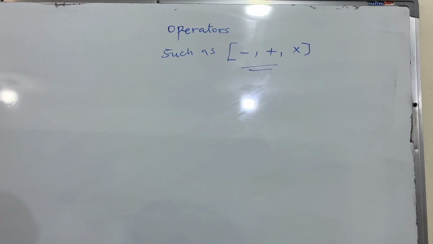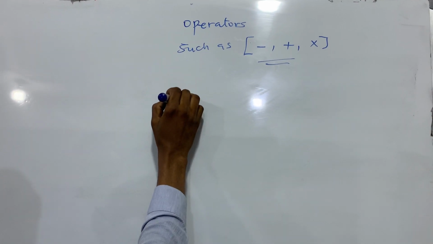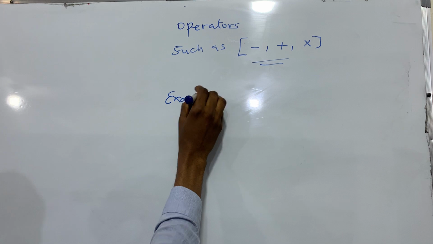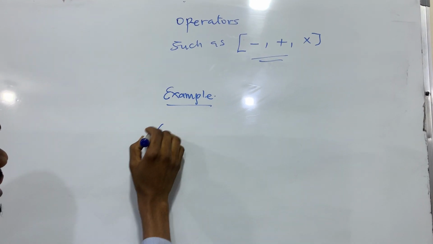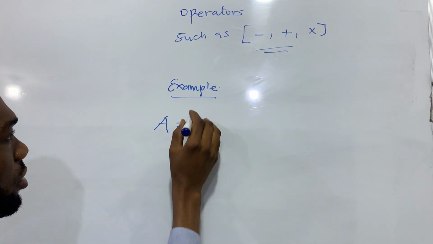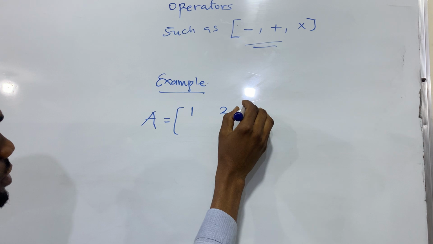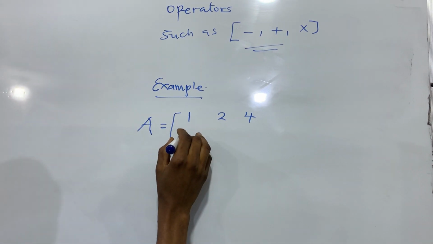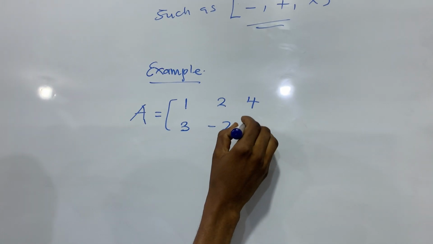So we talk about, for example, we are having a matrix A. Let's say we have A as a matrix equal to 1, 2, 4, and 3, minus 2, minus 4.